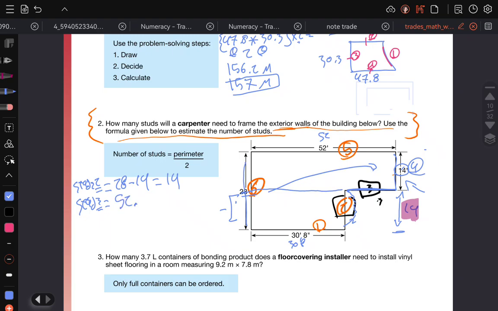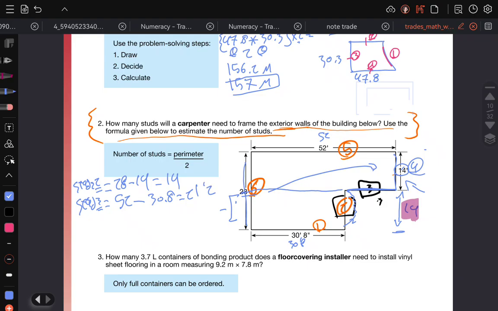Sorry about that. 52 minus 30.8. Let's do it quick. Let me just open my calculator. 52 minus 30.8, it's going to be 21.2.